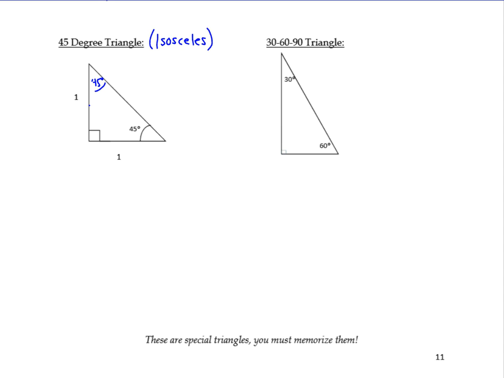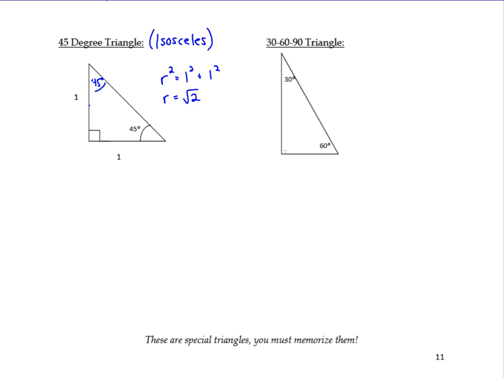If I wanted to know my hypotenuse, because say I wanted to know the sine ratio and cos ratio, I need to know r. How would I get r here? How did we get r yesterday? Pythagorean theorem. Man, that's a popular theorem, hey? What's 1 squared plus 1 squared? 2.